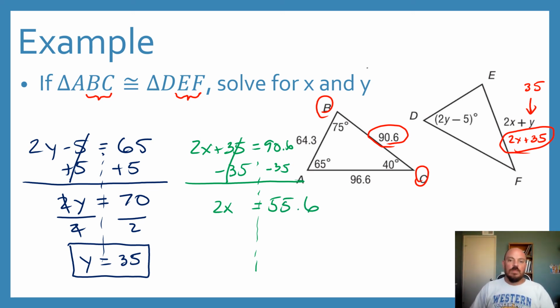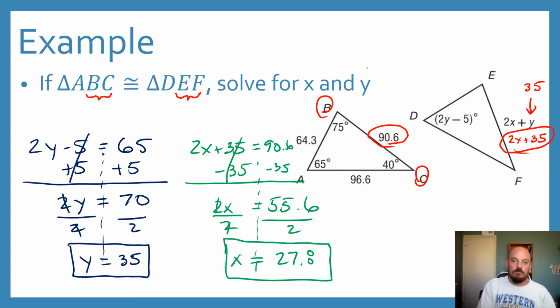Yeah. And then we will divide that by 2. Let's see. I want to try and do this one in my head. 27.8. I think x ends up being 27.8. We can double check that in a calculator and make sure. But you get the idea.